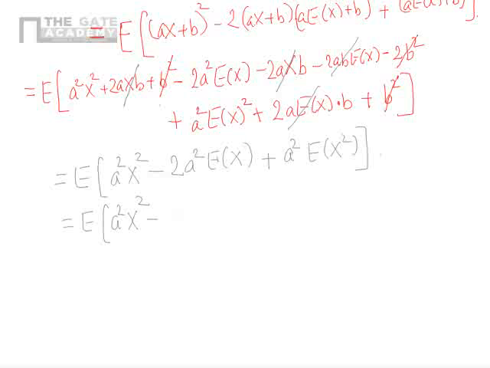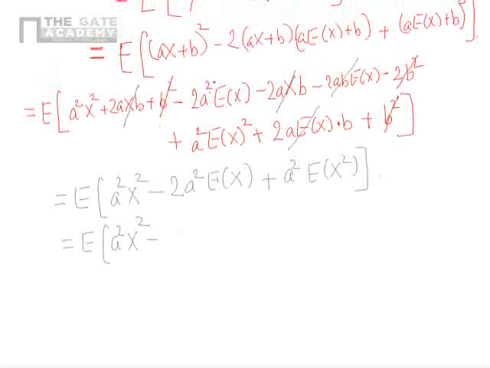I think we made some mistake here. a square x square minus 2a... this should be minus 2a square x E(x), right? One second. Let me revisit this term. I think we missed something here.